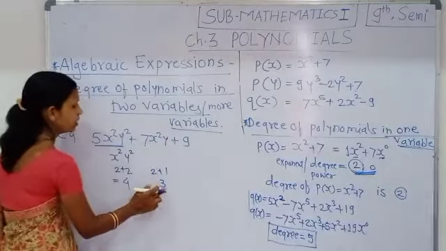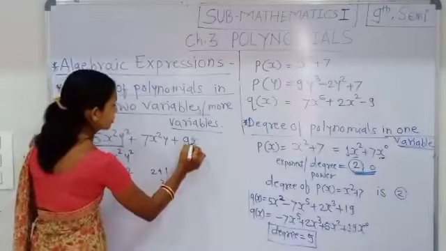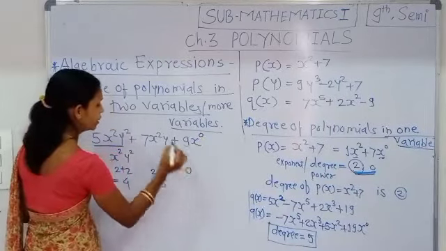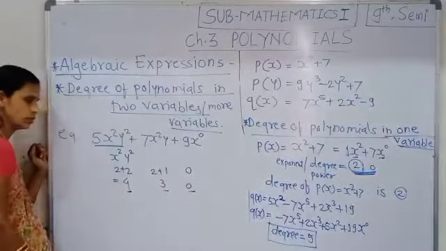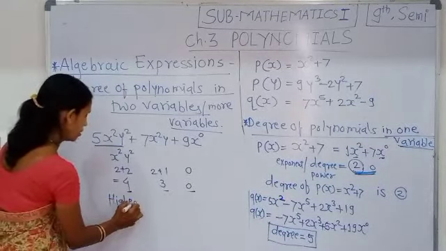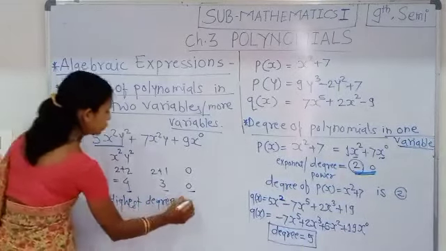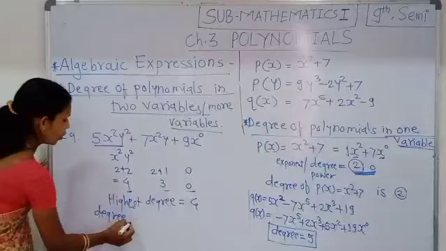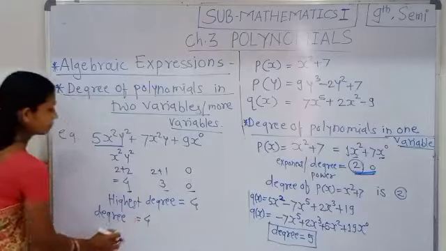Therefore the degree of the variables in the second term is 3. And here 9 is written like this, 9x raised to 0. Therefore the degree is 0. Therefore there are 4, 3 and 0. Therefore the highest degree of the variables is 4. Therefore the degree of the given polynomial is 4.